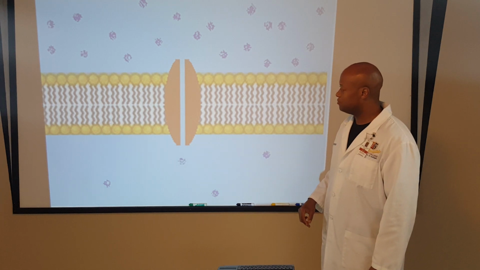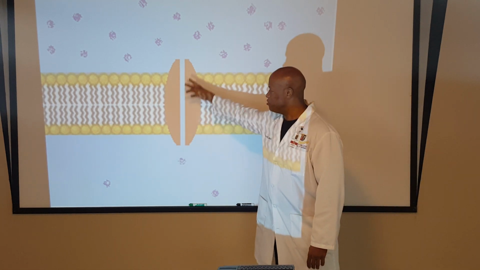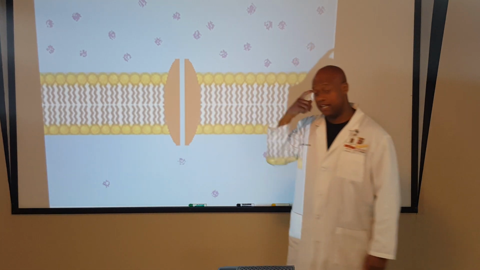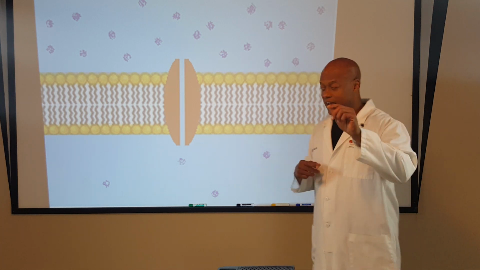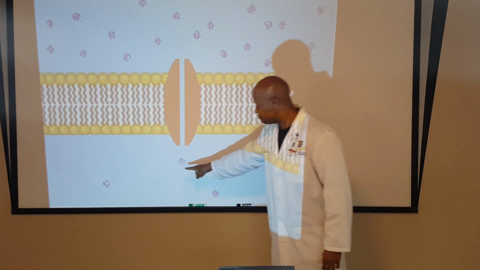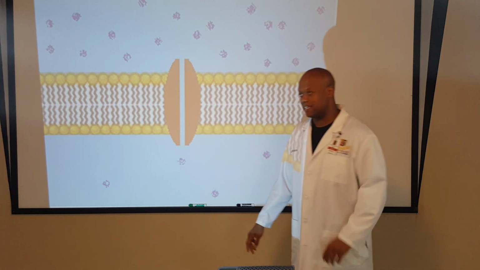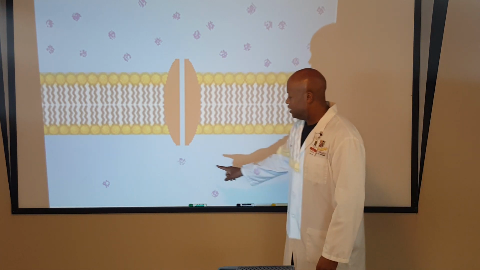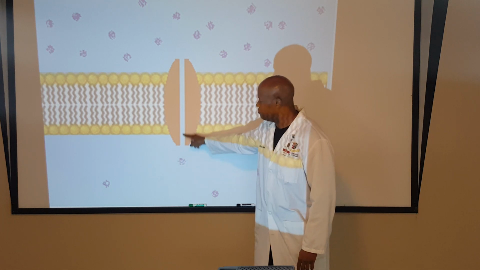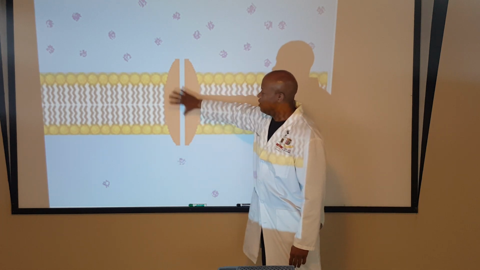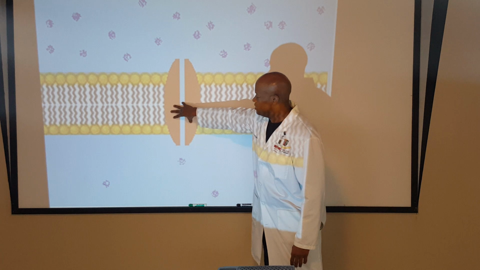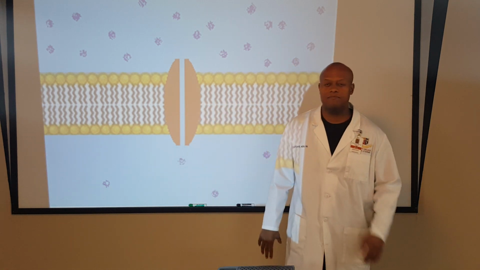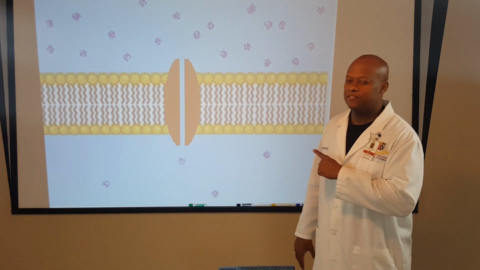Anyway, you've got this little protein channel here. Now, if we have our salt, or let's say sodium, and break it down a little further, if the sodium is helped through this channel by this specific transporter, that's slightly different.